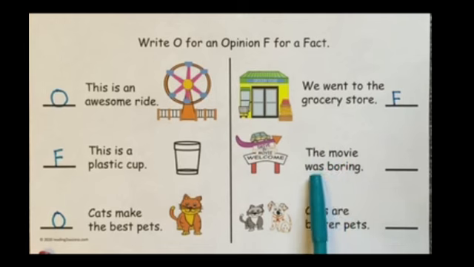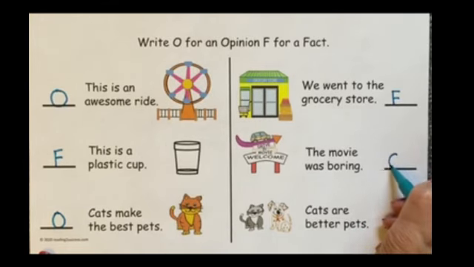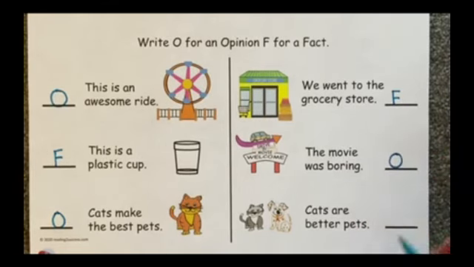The movie was boring. They went to the drive-in movie and someone thought it was boring. Someone else in the car might say it was exciting. So this is a person's opinion. So we're going to put an O there. And cats are better pets.